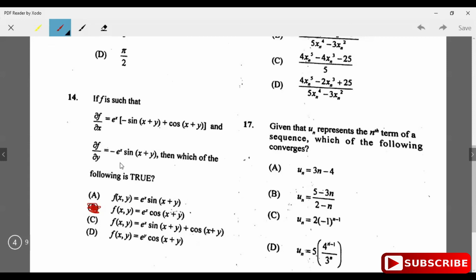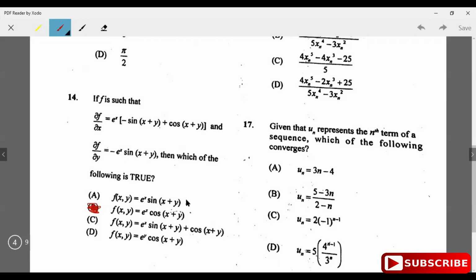So I'm not going to show you the long way. The easy way I said to do it was you're going to try the options right here. It says which of the following is true. Let's say you start with f of xy is e to the x times sine of x plus y. If you differentiate this with respect to y, so find the partial derivative with respect to y, when you differentiate sine of x plus y, you get cos, but cos is not right here, right?